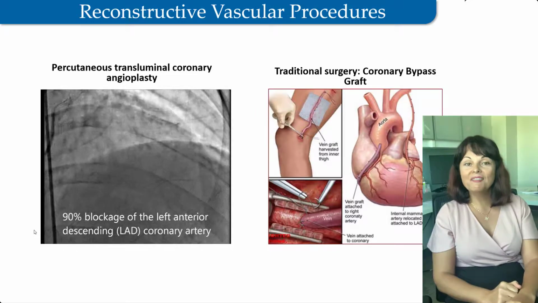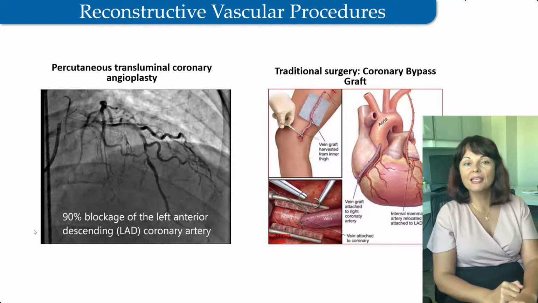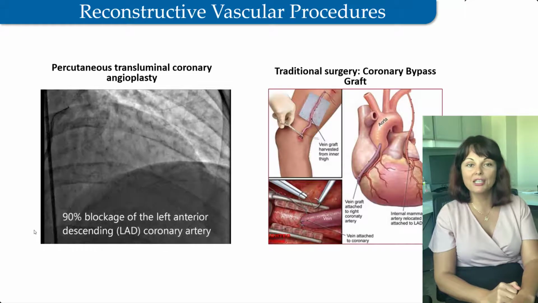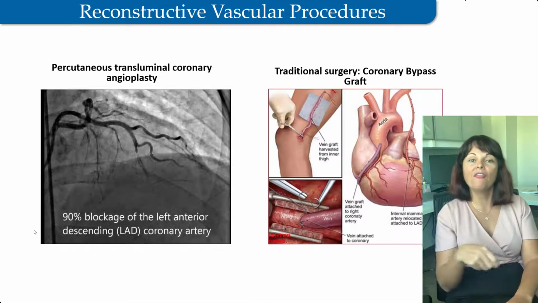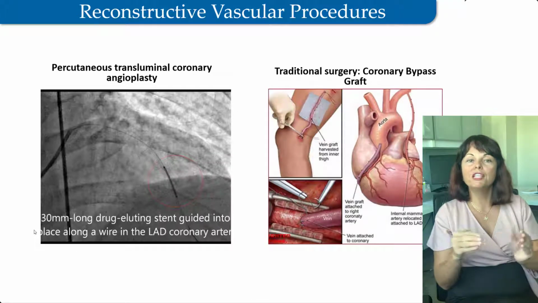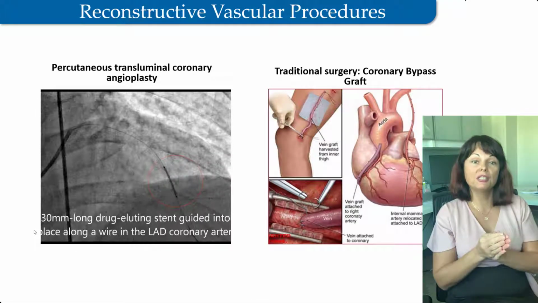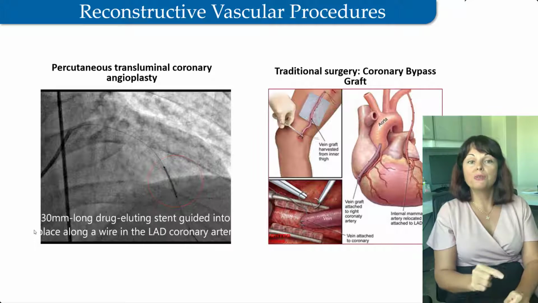Minimally invasive transluminal coronary angioplasty may be performed in selected patients, in which they pass a catheter with a small inflatable balloon attached to its tip into the obstructed coronary artery.